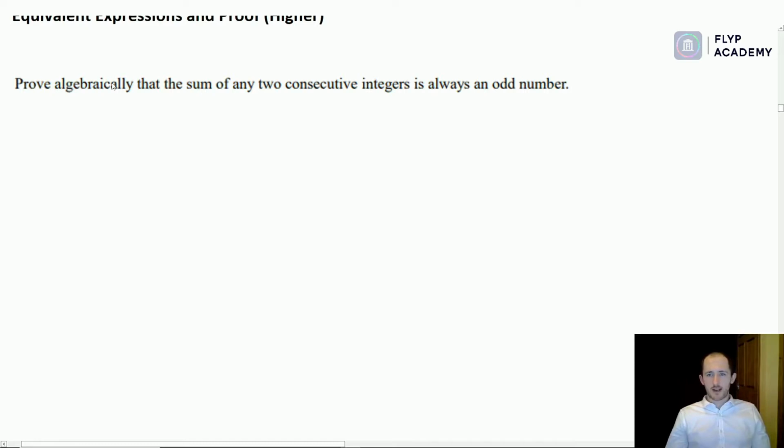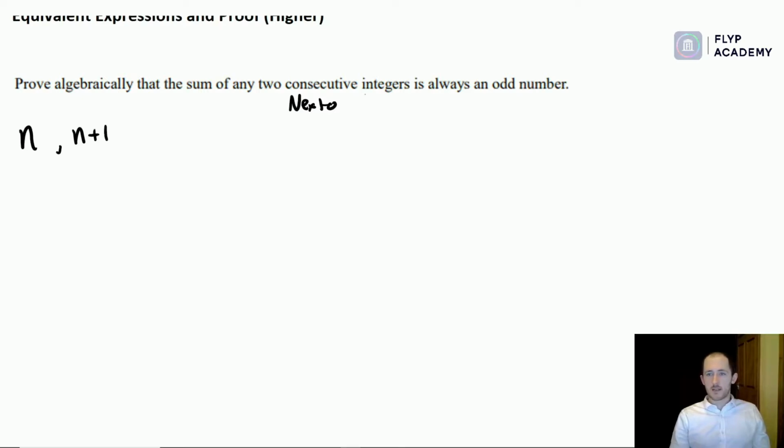So prove algebraically that the sum of any two consecutive integers, consecutive means next to, is always an odd number. Well, okay, now it's any two, so I'm picking two random numbers, but they're next to each other. So my first number, because I don't know what it is, is n. Now the number next to it is going to be n plus 1, right?